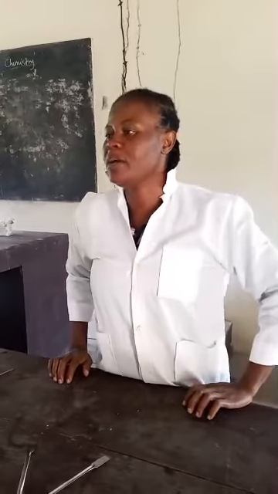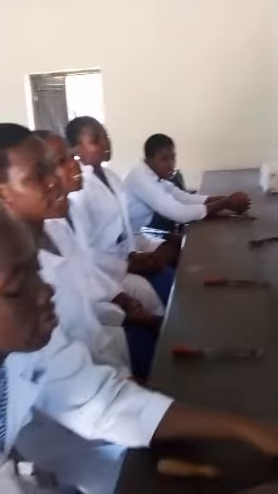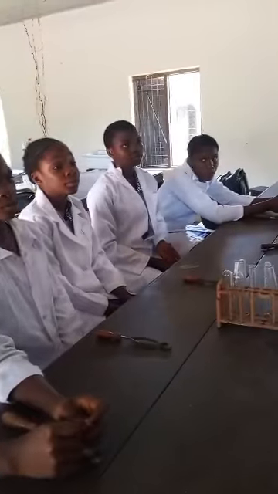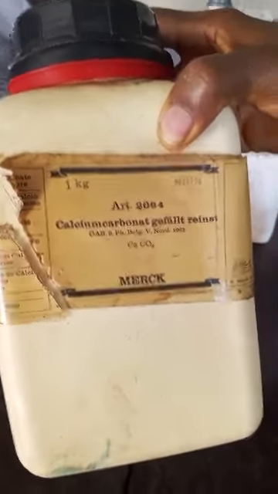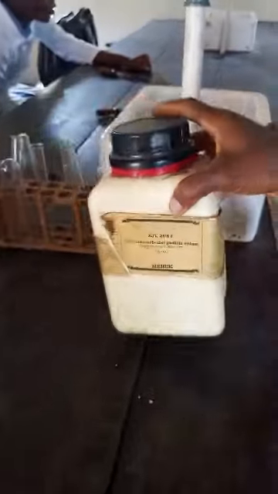And today we'll be having a practical on the laboratory preparation of carbon 4 oxide. That is CO2. So we want to produce carbon 4 oxide gas using calcium carbonate, that is calcium trioxocarbonate 4, and dilute HCl.